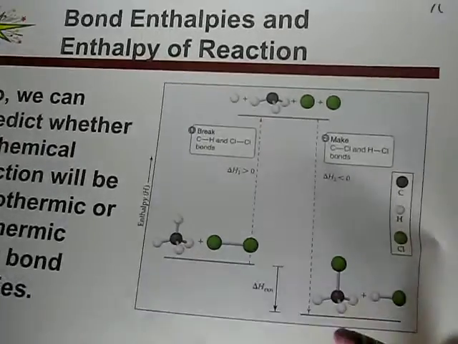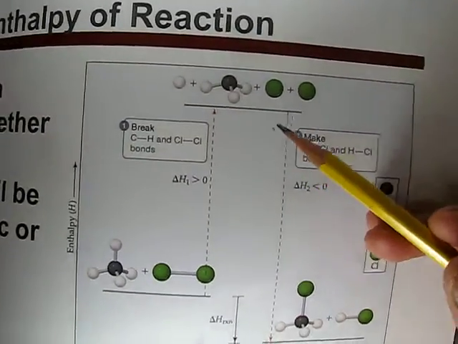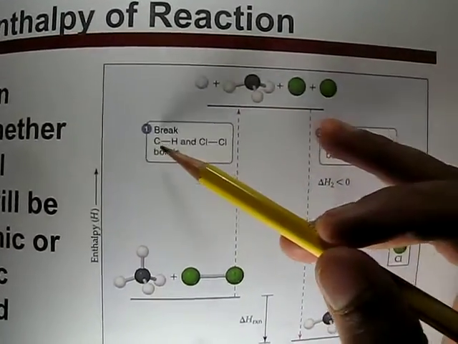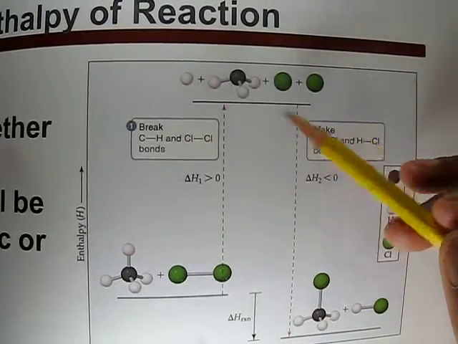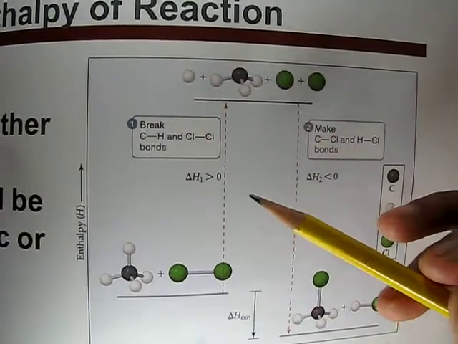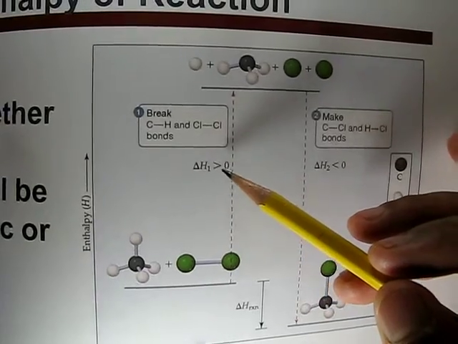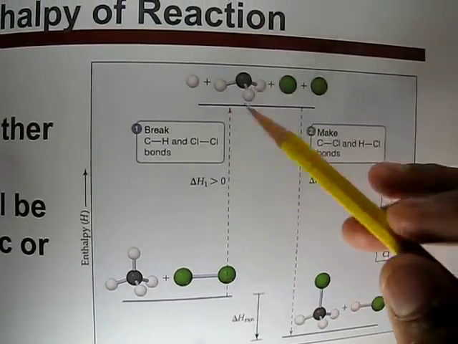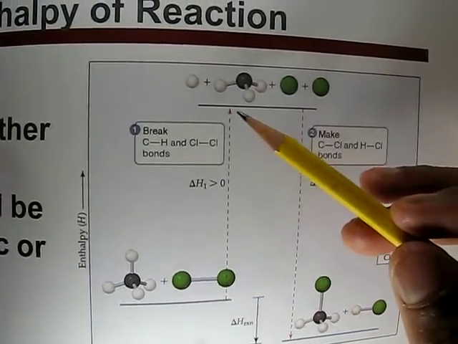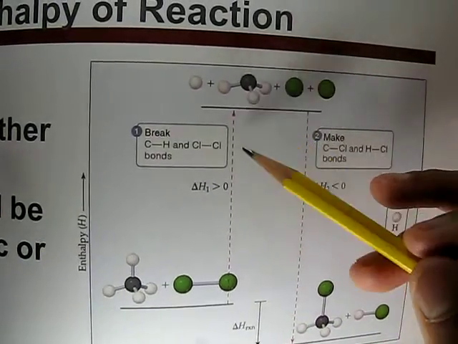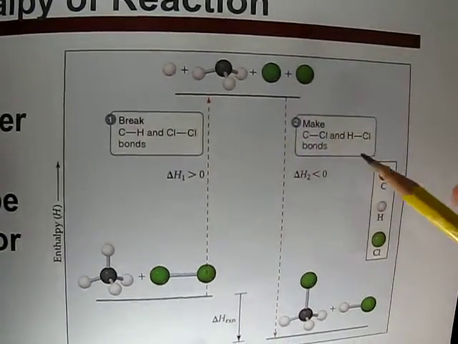In this case, one bond from carbon and hydrogen is broken and one bond from chlorine was broken. So delta H1 will be more than 0 because energy is required. That is why this is going up, because they have higher energy.